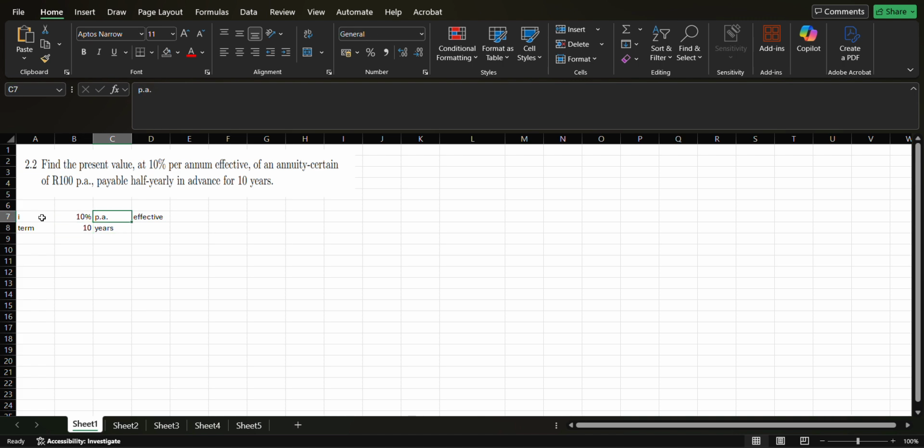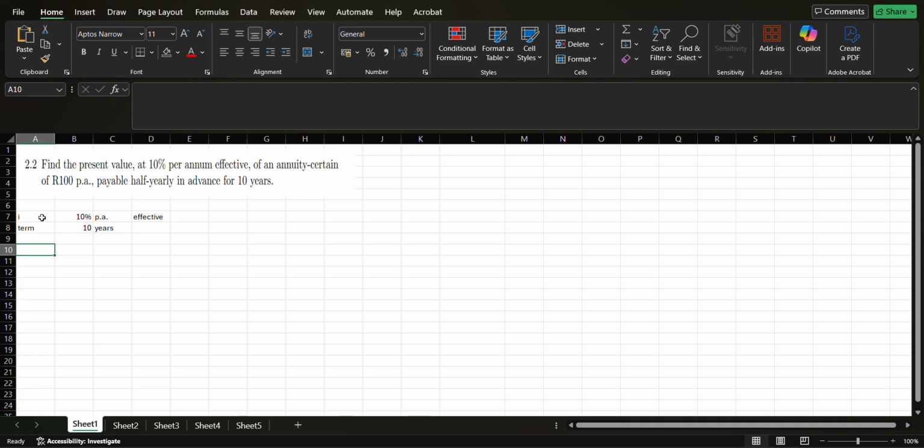By the way, I'm separating the numbers and the words, like 10% and per annum, 10 and years. Because when I reference a cell and the cell has 10 years, I can't use it in a calculation because it's a string, and the formula won't interpret it as a value. That's why I'm writing years in different cells like this.